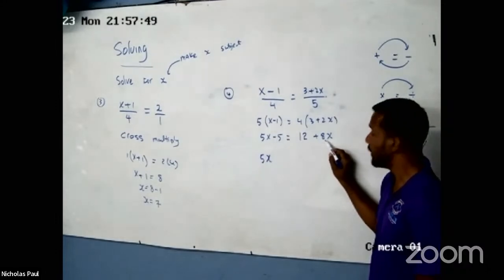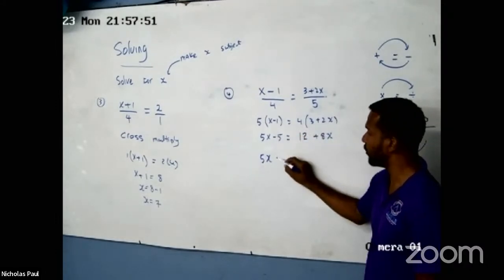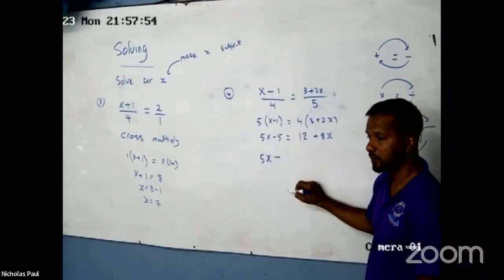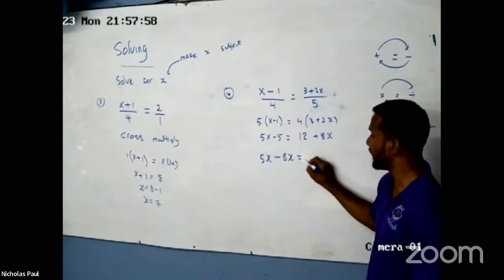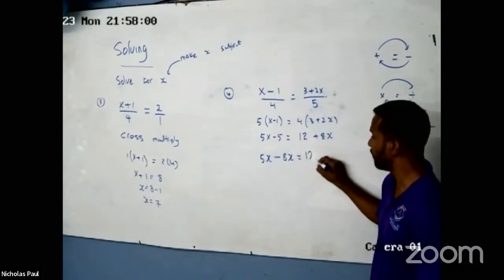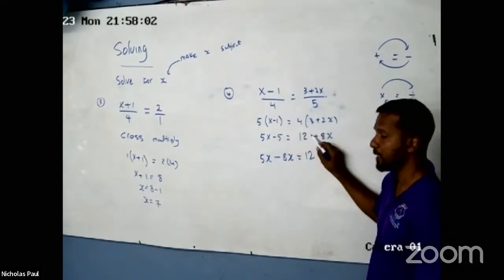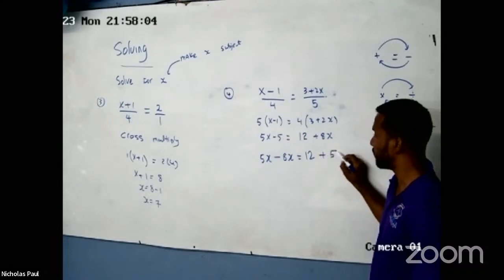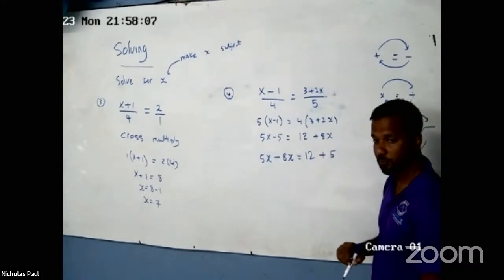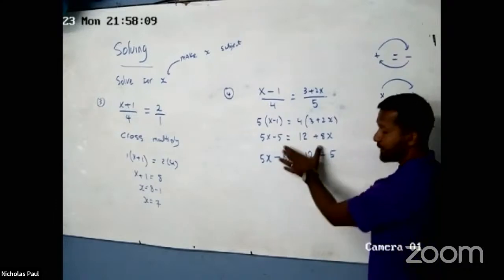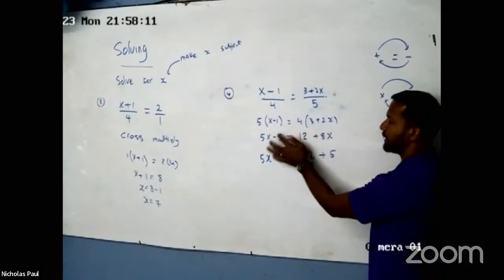Plus across the equal sign becomes minus, so you have minus 8x here. 12 staying here. Minus 5 across the equal sign becomes plus 5. That's okay? So I brought the like terms together. I brought across the 8x and I brought across the 5.